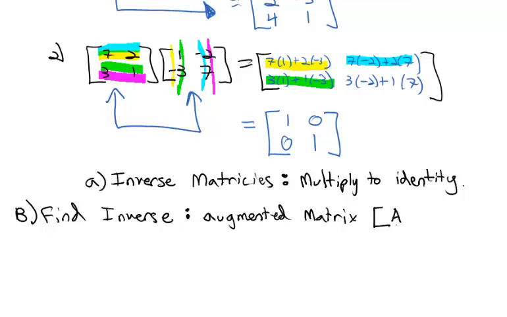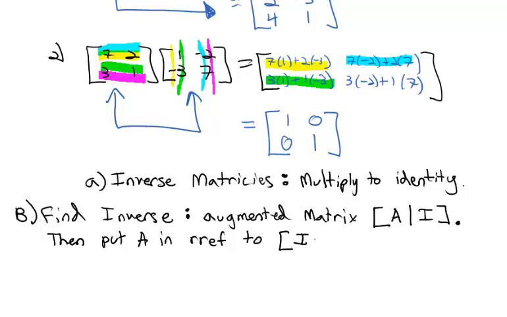We'll call it matrix A. We're looking for A's inverse. And then the second half of the augmented matrix, we're going to put the matching identity matrix. Then we will put matrix A in reduced row echelon form. So now it is the identity on the left side, and when we do that, we will have the inverse matrix on the right side.